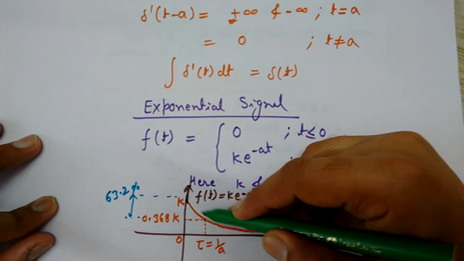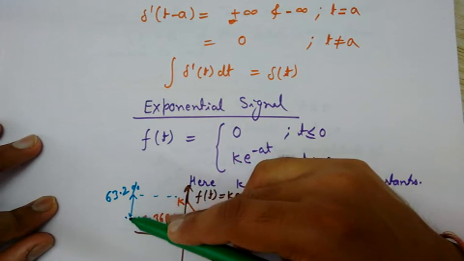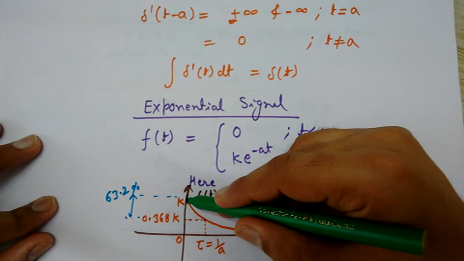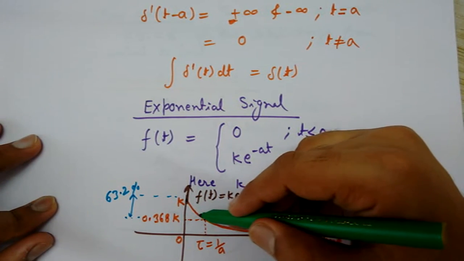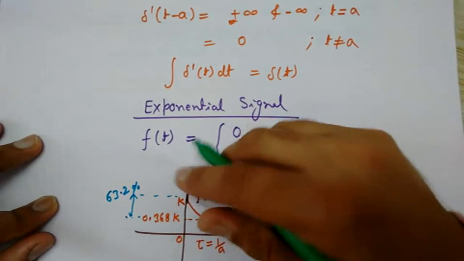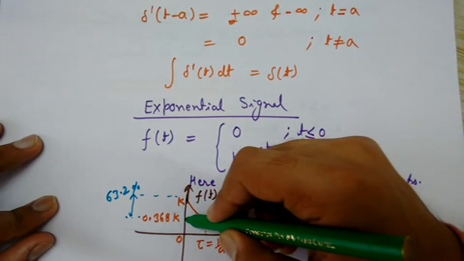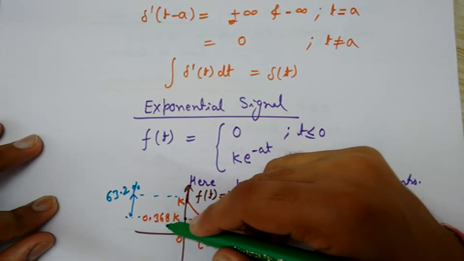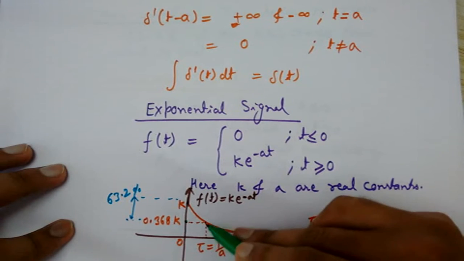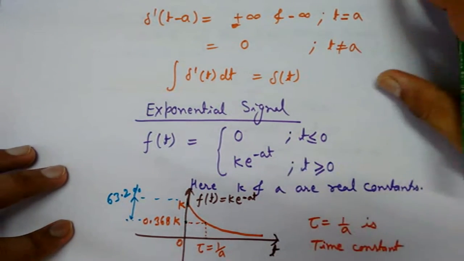When it has decreased by 63.2% from the value k, the remaining height is 0.368 k. This is the point which is called the time constant. Its value is equal to 1 by a. I think it's clear.